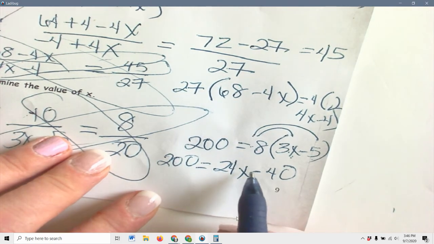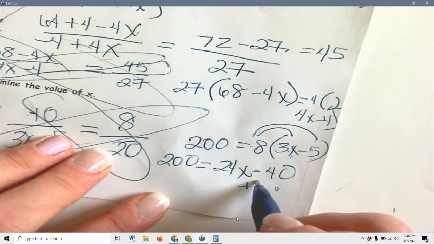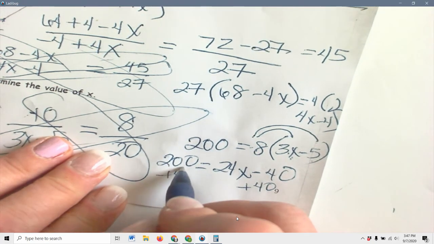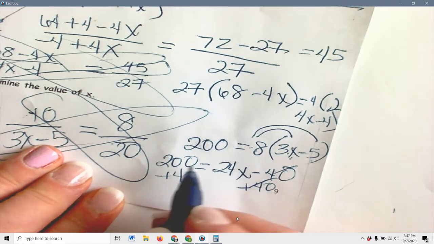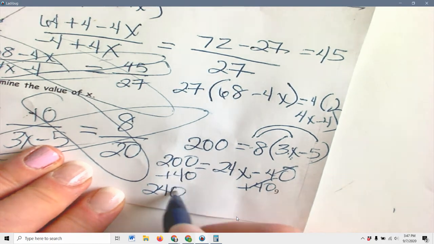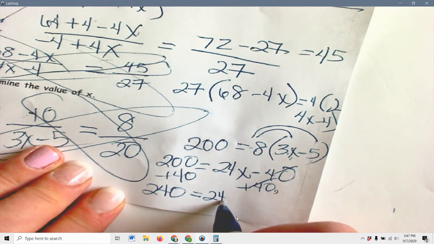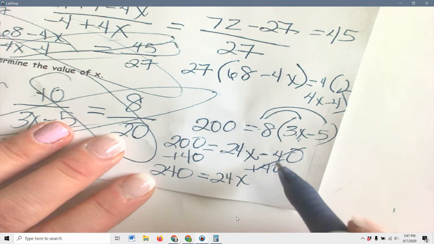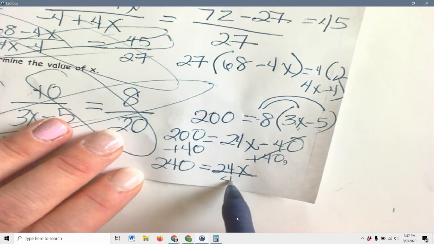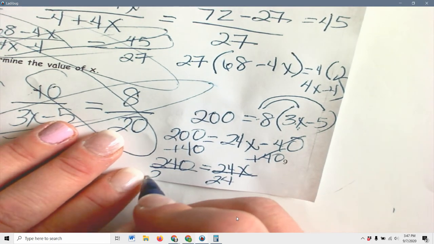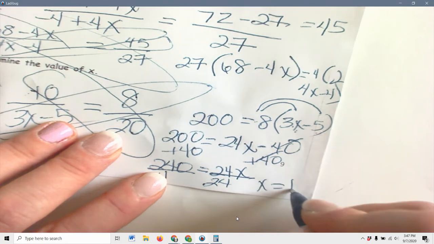We want to get that x by itself, so we're going to add 40 to both sides. We'll get 240 equals 24x. And then we'll divide both sides by 24, and x will equal 10.